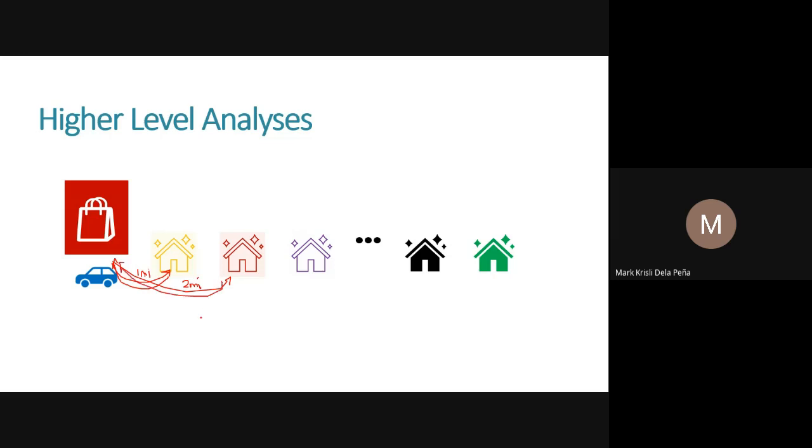So the total distance traveled by the driver will be 1, 2, 3, 4, 5 until 50, and we just have to multiply it by 2, a total of 2,550 miles. Now, if you compare it to the previous one, it only took 100 miles for the driver to deliver all of the packages.